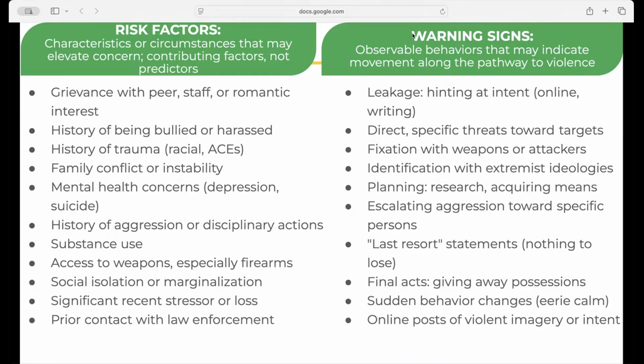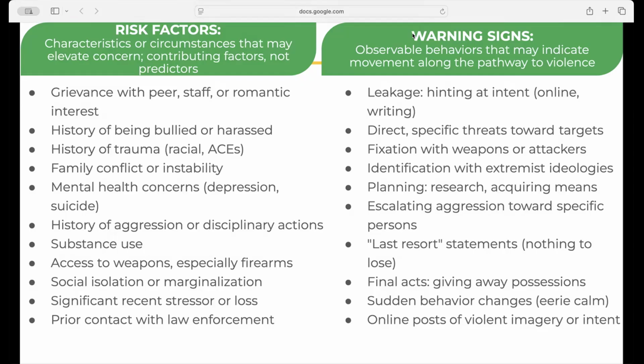So just to emphasize again, a risk factor on its own doesn't mean a scholar is a threat. The risk factors may elevate concern, but it's not a predictor. And then warning signs, the things that you observe, are more of evidence to look more closely at or to consider. So just be more vigilant. But it's not something that should lead you to a specific conclusion.